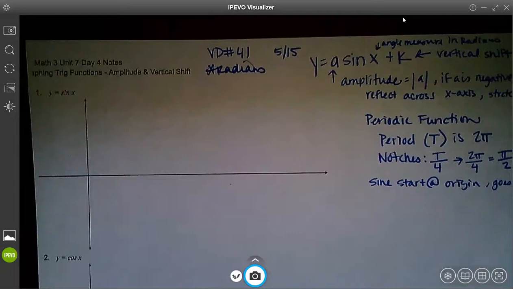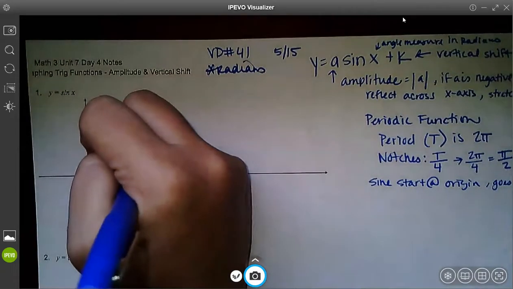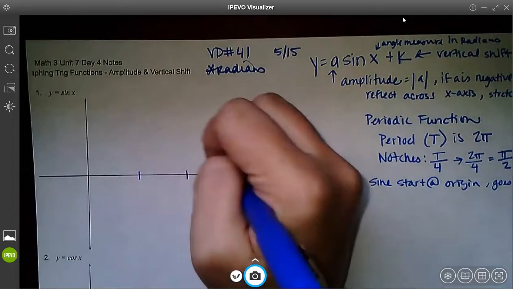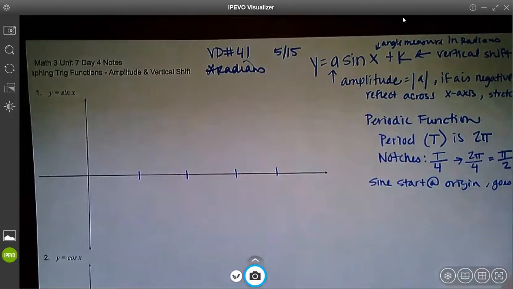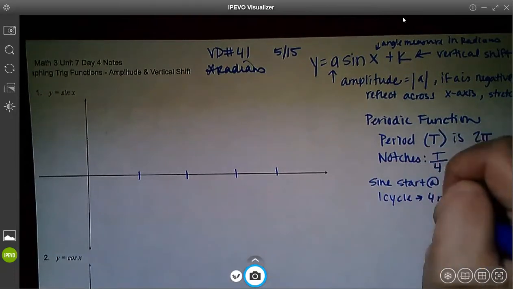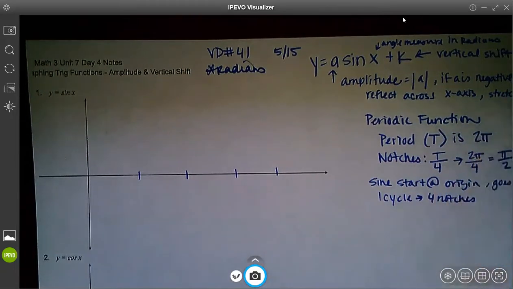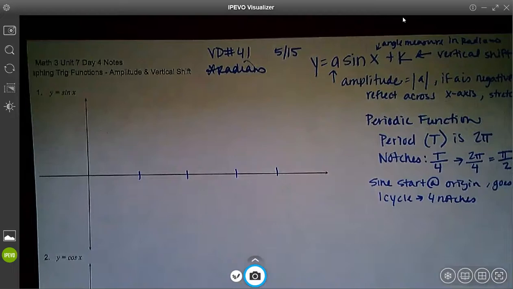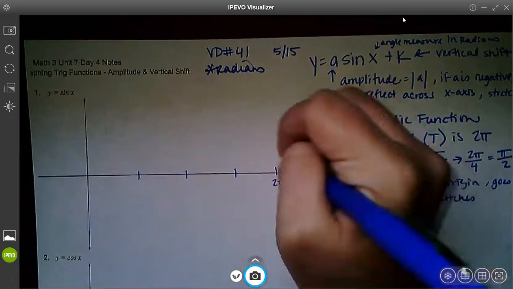So when I say notches, the notches on your x-axis, one cycle of sine, I always graph 4 notches. One cycle means it's one period. It's going to repeat every 2 pi. So the end notch is always going to be your period.